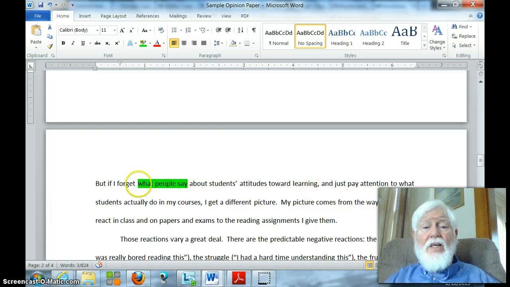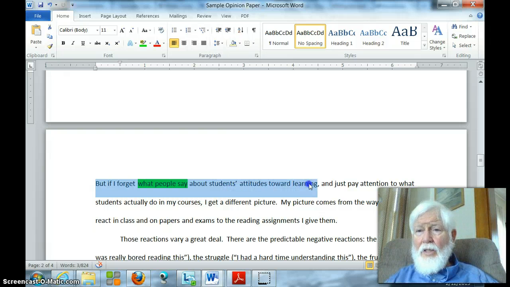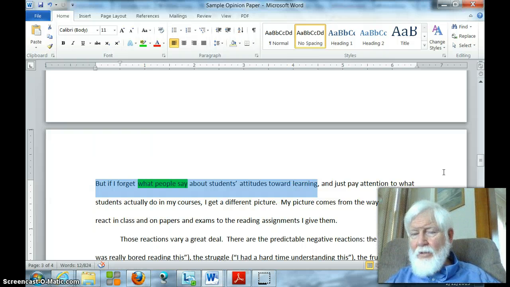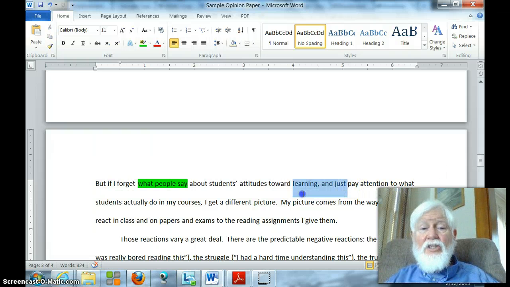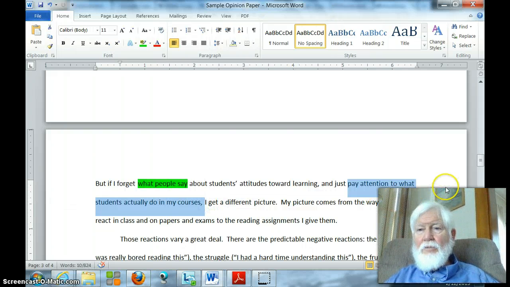If I forget what people say about students' attitudes toward learning, all right, in general, students' attitudes, or more specifically, I guess, students' attitudes toward the liberal arts or the general education curriculum, right? If I forget what they say and I pay attention to what students do, I get a different picture.